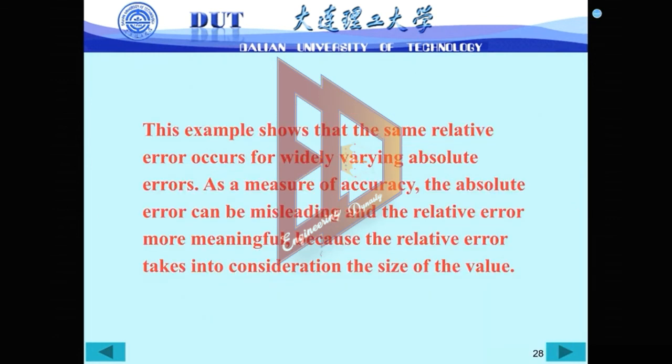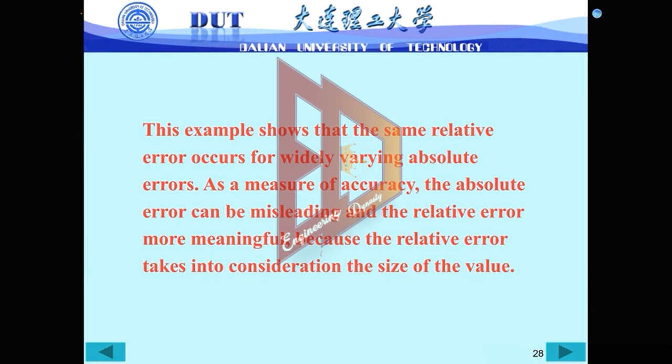Okay, in conclusion, this example shows that the same relative error occurs for widely varying absolute errors. As a measure of accuracy, the absolute error can be misleading, and the relative error more meaningful because the relative error takes into consideration the size of the value.